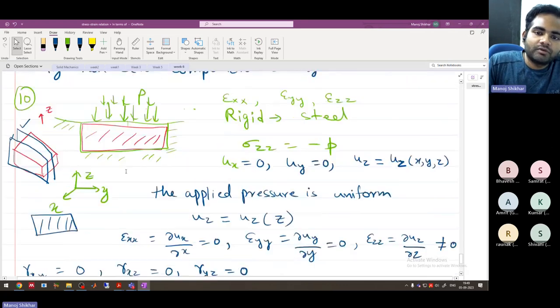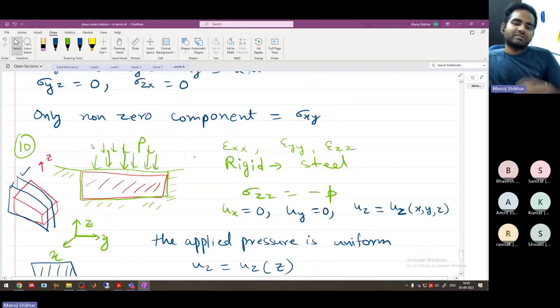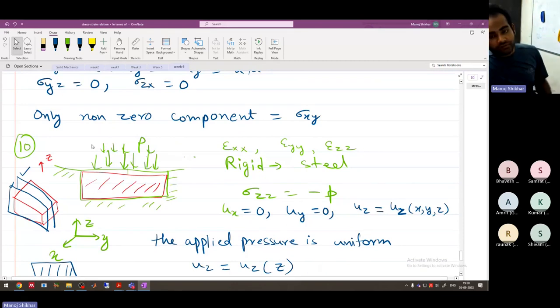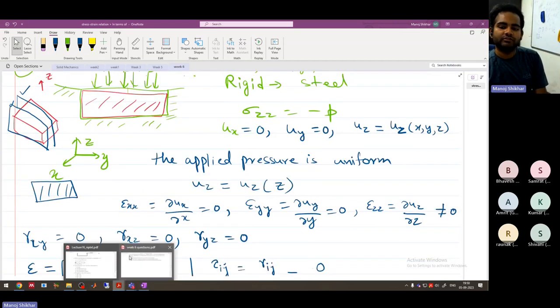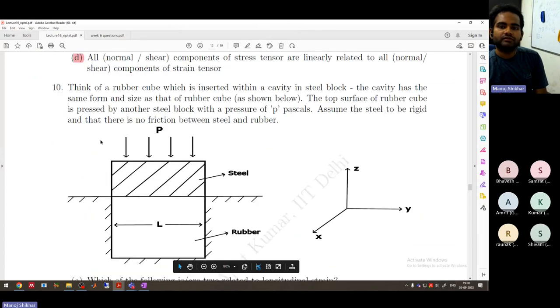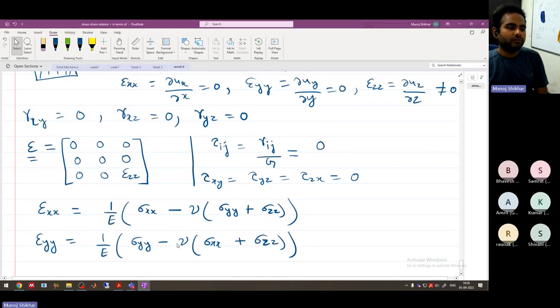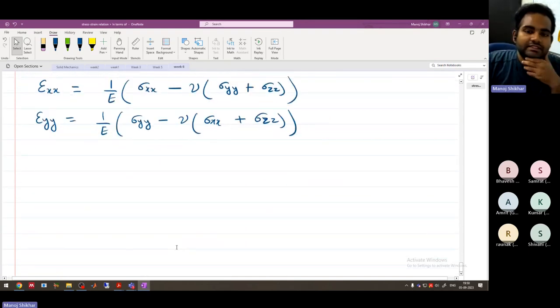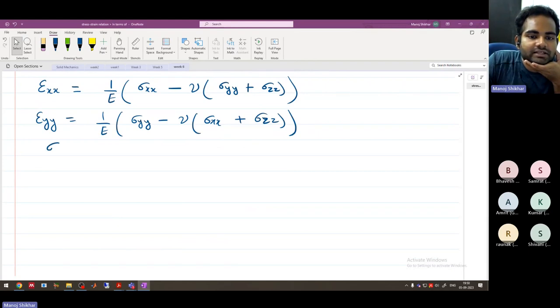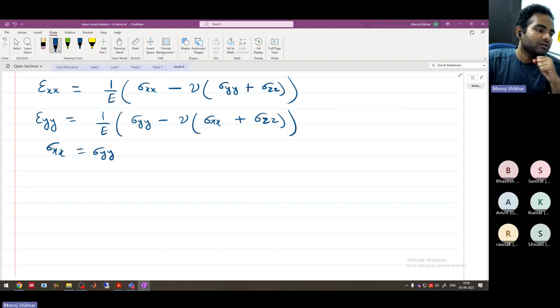Now, if you look at the problem, you can understand that this problem is symmetric because we are applying the force from the z direction, but the other two directions are symmetric, and they have given a cube here. If you remember, they have given a rubber cube. So from the symmetry of the problem, we can see that sigma xx and sigma yy are equal. But why are they equal?